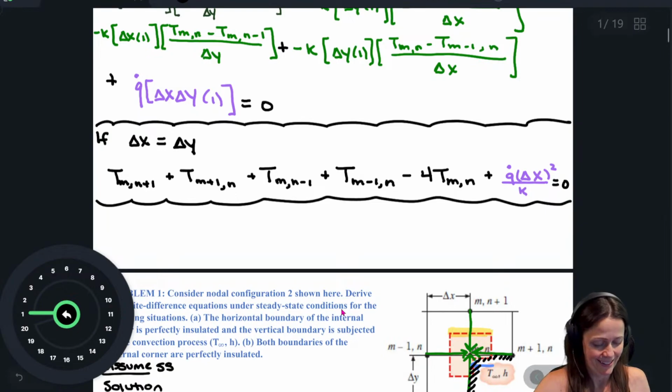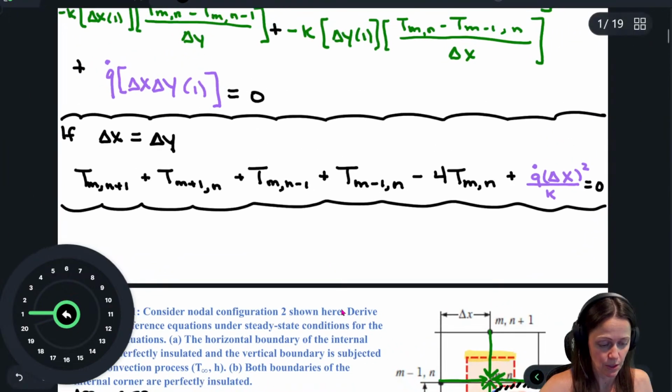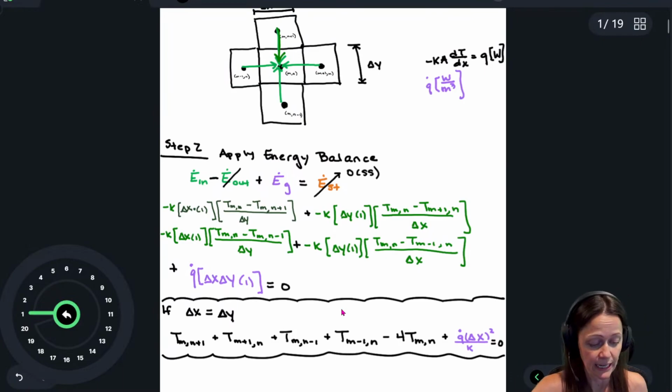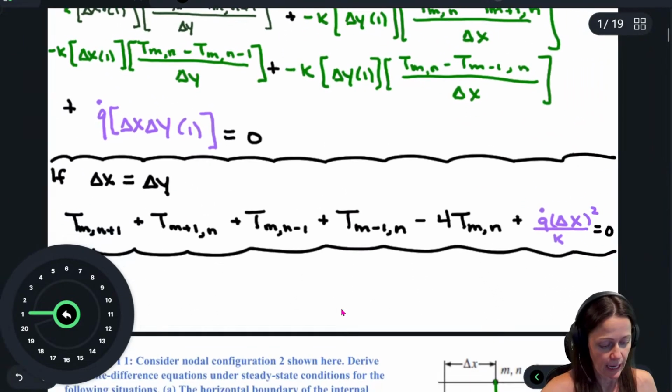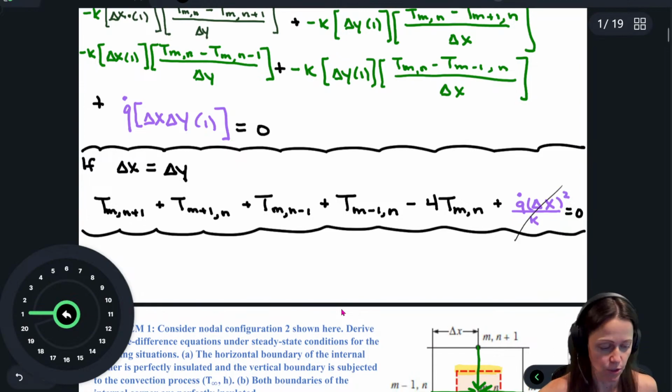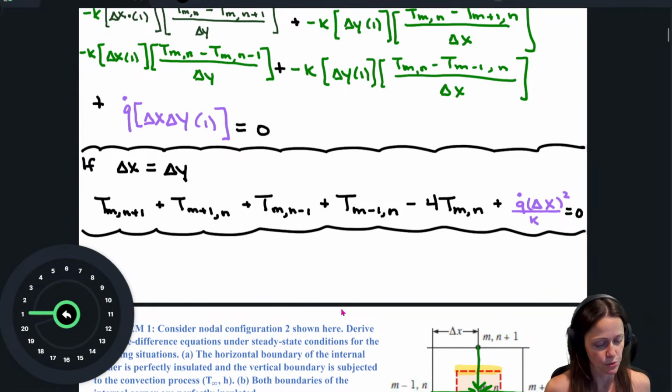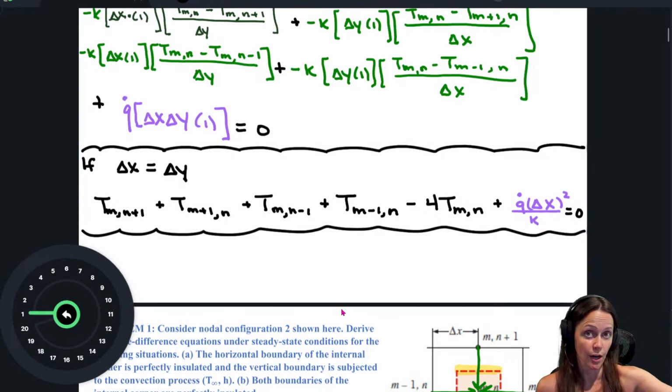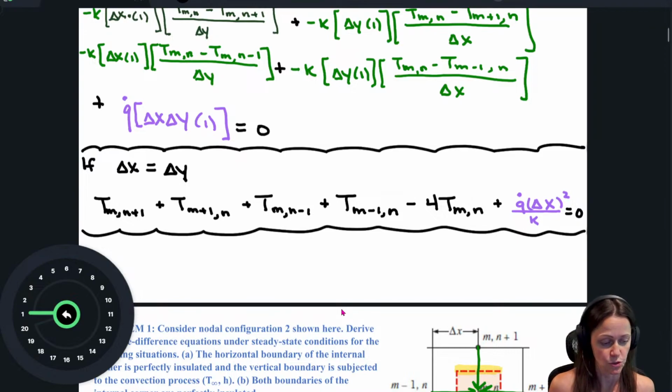How easy this was. This was on an interior node. If you're going to memorize one of those equations, that's a good one to memorize. I mean, you should be able to derive it, but it's an easy one to derive. Clearly, we don't have any Q dot, so we wouldn't have any of that term. We just have those temperatures. So it's the temperatures of the surrounding nodes, 1, 2, 3, 4, minus 4 times the temperature of the node of interest, is equal to 0.